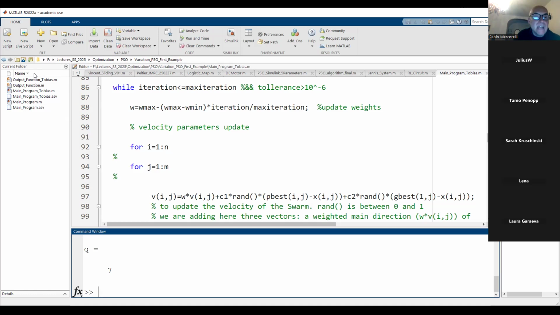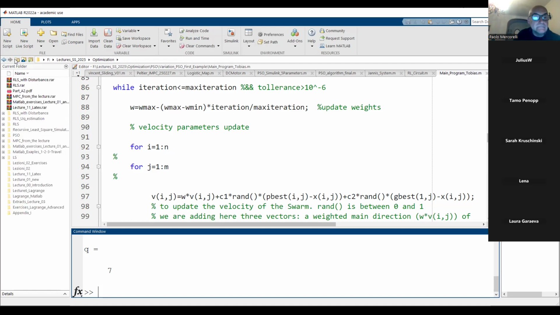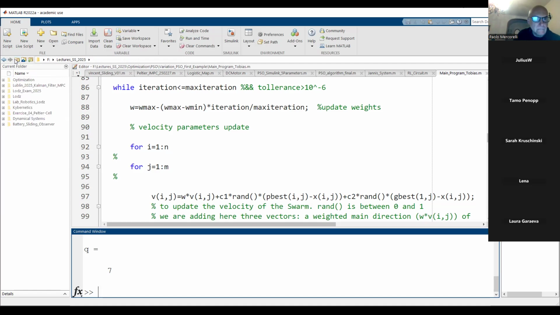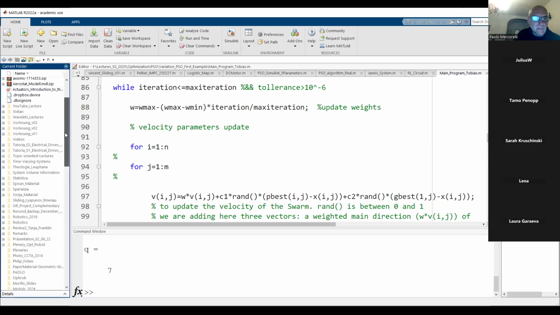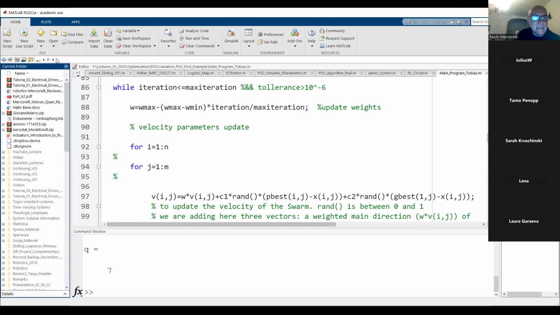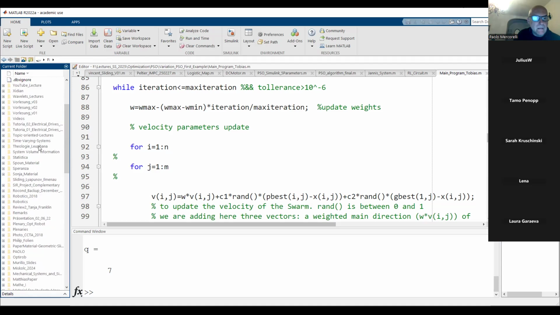Now I have to move to the folder where I have the material of today. I have so many materials here.